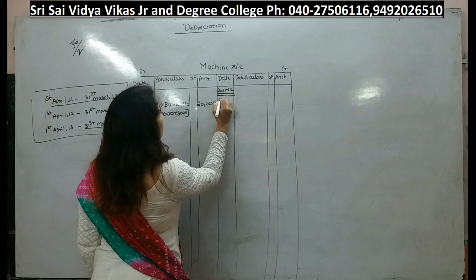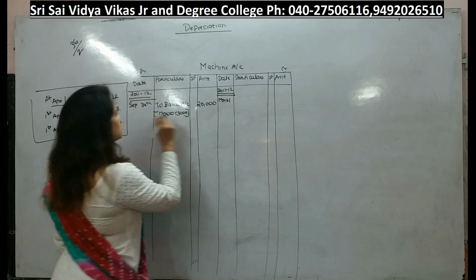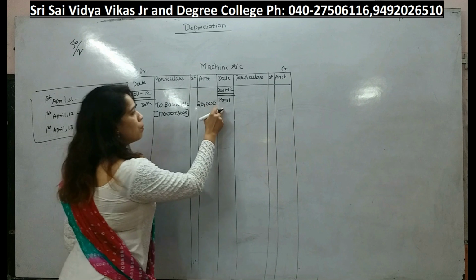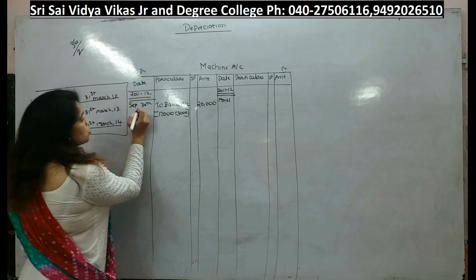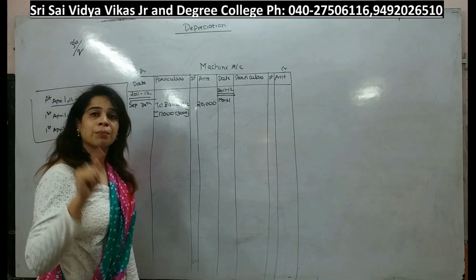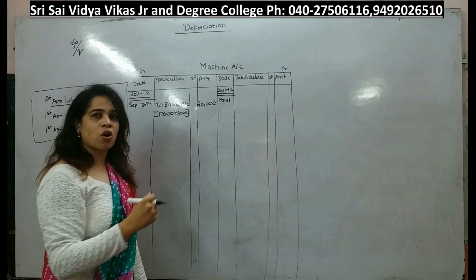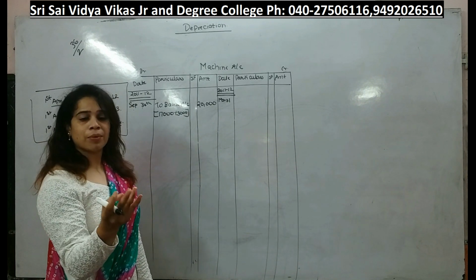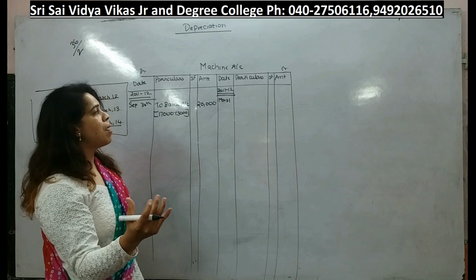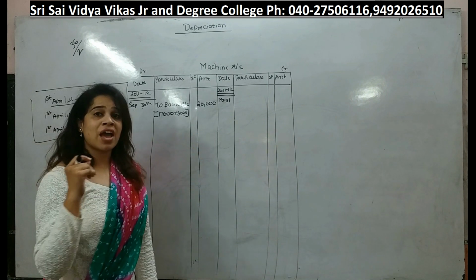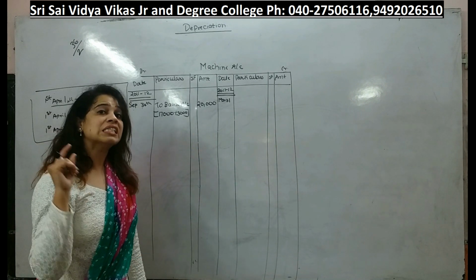So on March 31st, from September to March, pay attention students, when are we purchasing the asset? On September 30th. So September is gone. October, November, December, January, February and March. We have used that asset for 6 months.